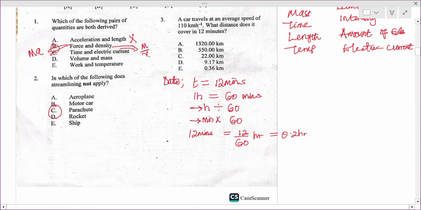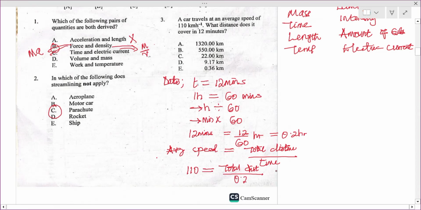Having done that, the next thing is your formula. Average speed is equal to total distance over time. Substituting the values, the average speed is 110 kilometers per hour, equal to the total distance that you are looking for over the time, 0.2.